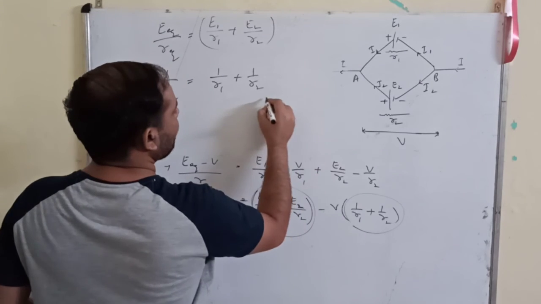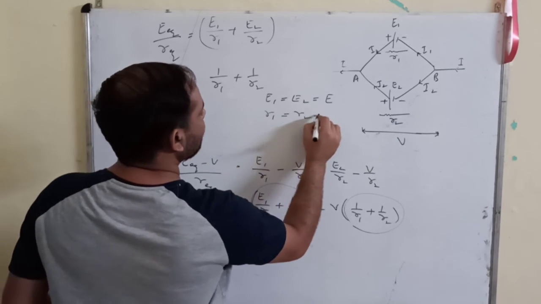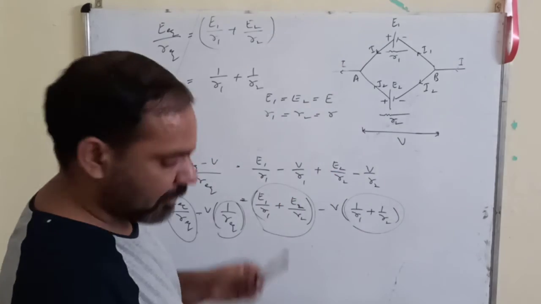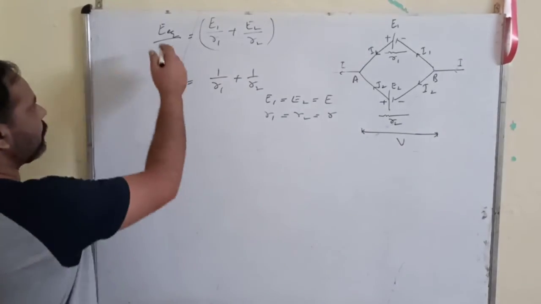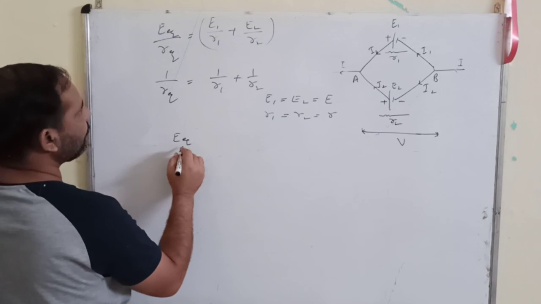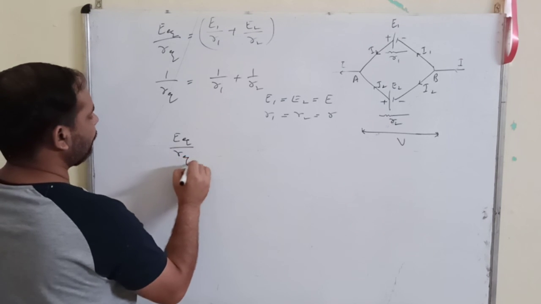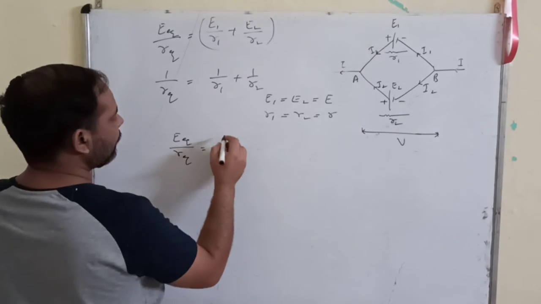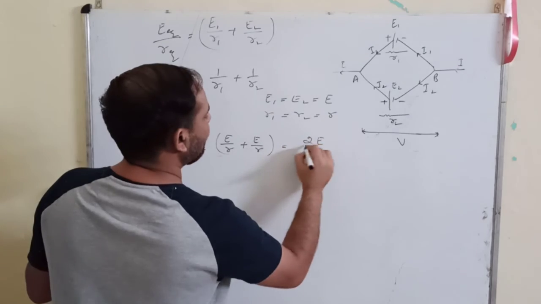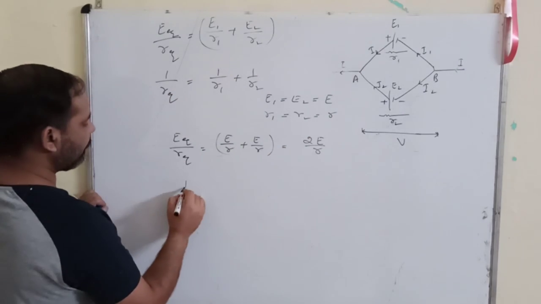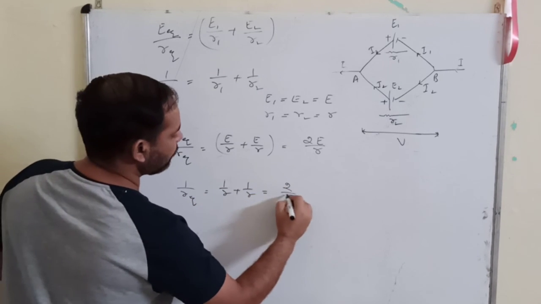Now if E1 is equal to E2 is equal to E and R1 is equal to R2 is equal to R, then these two formulas will become E equivalent upon R equivalent is equal to E upon R plus E upon R, that means 2E upon R, and 1 upon R equivalent is equal to 1 upon R plus 1 upon R, equals 2 upon R.